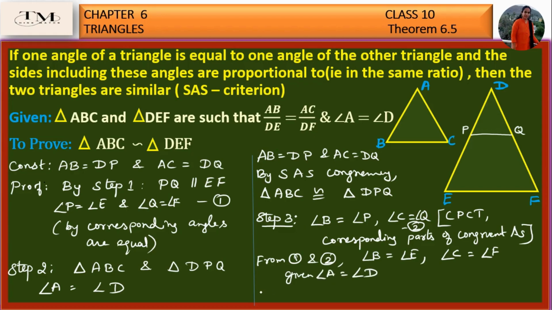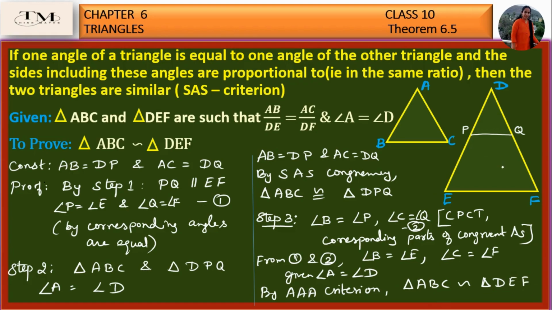So already we have proved the AAA criteria. So by that we will have, by AAA criteria, which we proved in theorem 6.3, triangle ABC similar to triangle DEF. Okay.